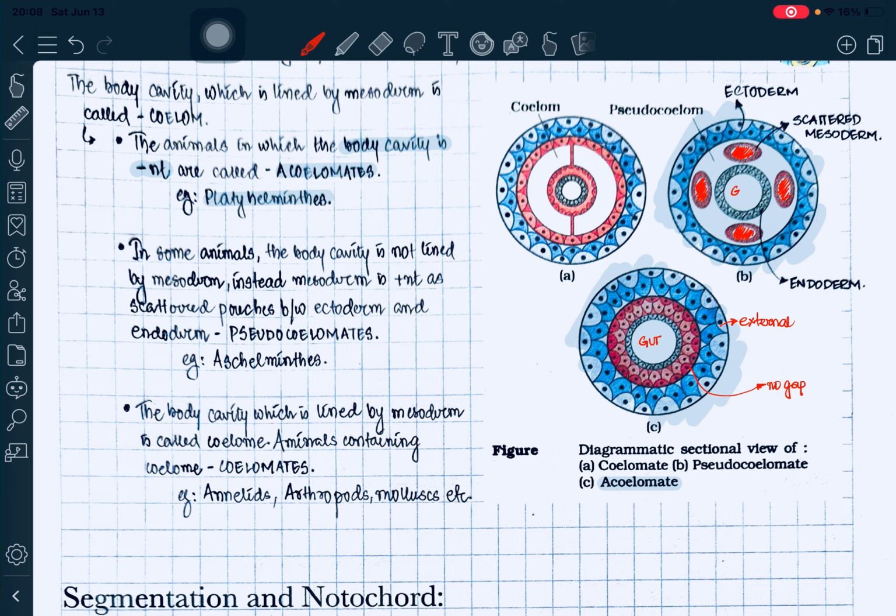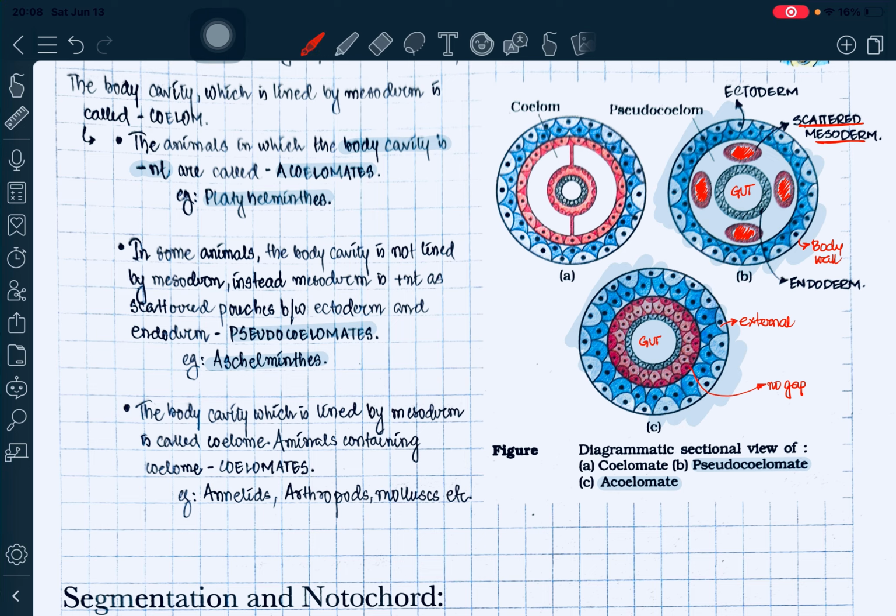So this is your gut, this is your external body wall, but between them we have some scattered mesoderm. It is not a compact one. Such kind of condition is called pseudocoelomate. Example is Aschelminthes. Fine.